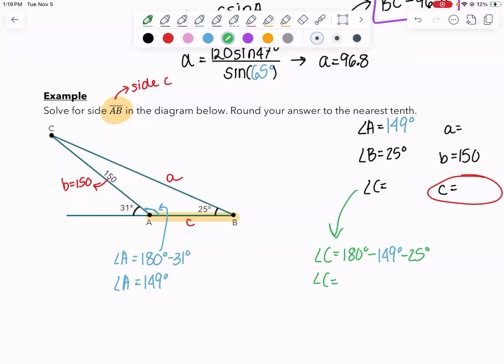I just realized in my own notes that I solved for side A instead of side C, so I needed to run some numbers in my calculator real quick. Angle C comes out to be 6 degrees.